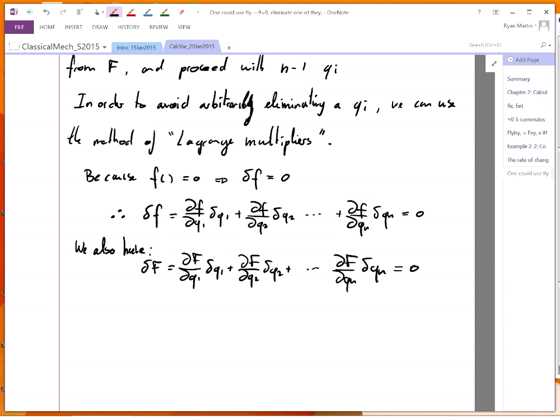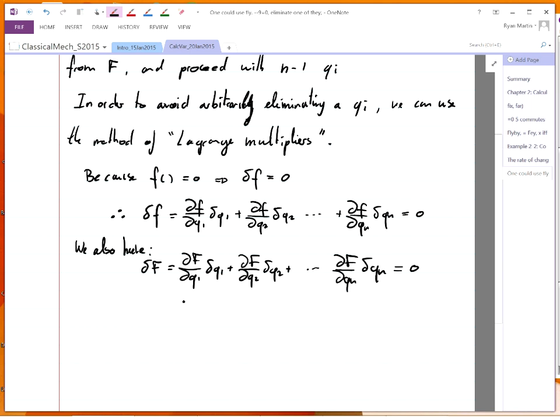Now the hiccup here is in the second equation. I can't just say all the delta q's are independent and can be changed independently from each other, and because of that all of the di F by di q's must be 0. That's not true anymore. The delta q's can't just randomly change without affecting the other ones. You know that for sure at least one of the delta q's, its change is going to depend on all of the other delta q's.